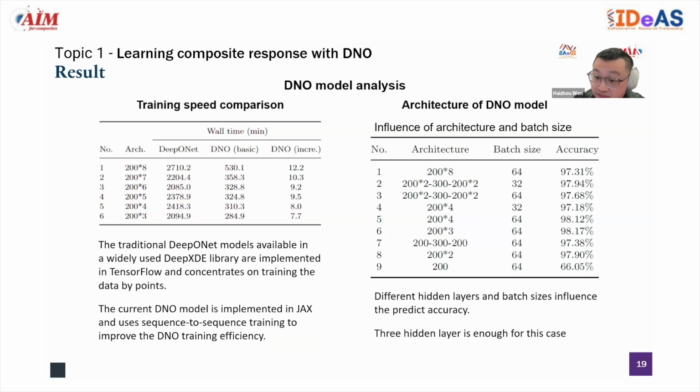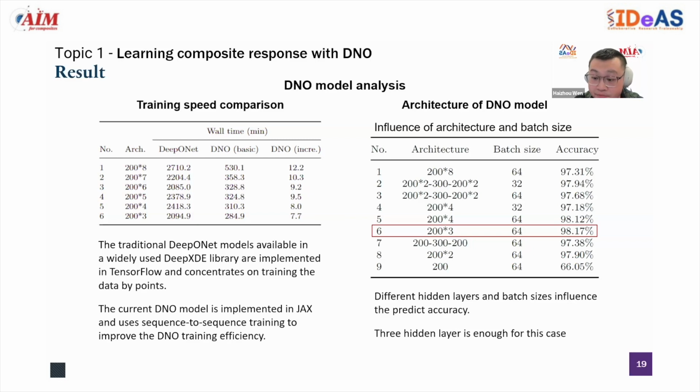And the DON model is also faster to train than the conventional deep neural model. If the code is implemented in JAX, the training speed will be even faster. Another key element you may consider a priority is to test the NN structure for your own problems, because sometimes a higher complexity of the NN structure doesn't always guarantee higher accuracy.